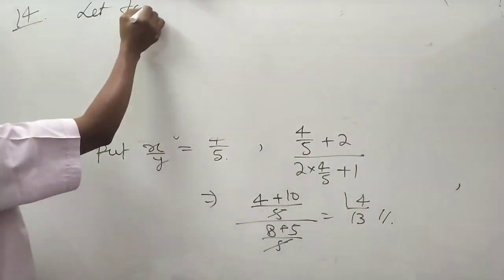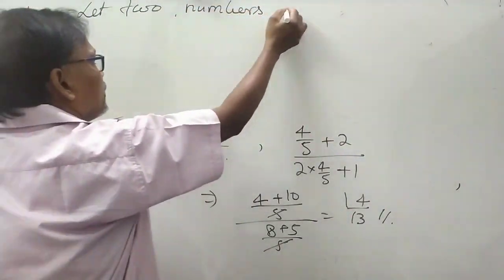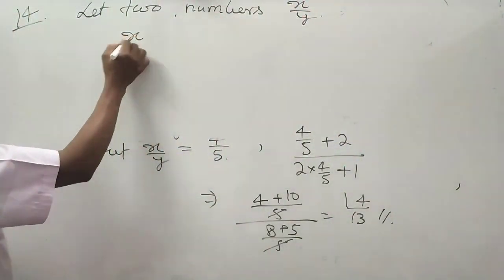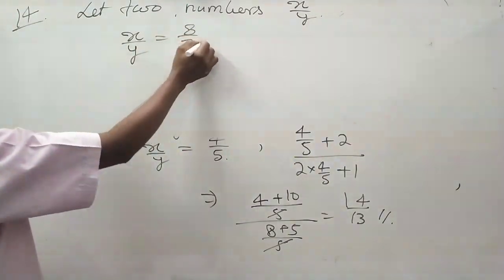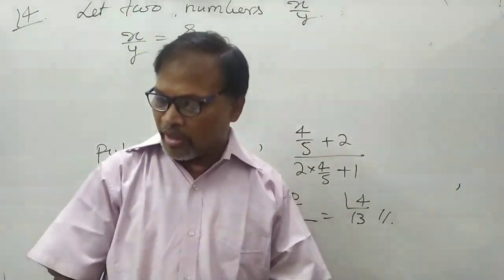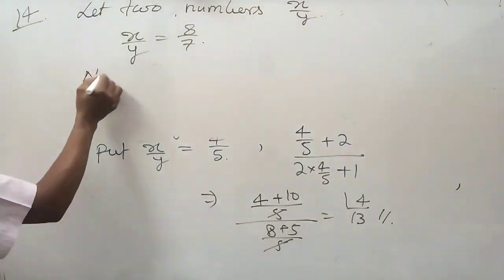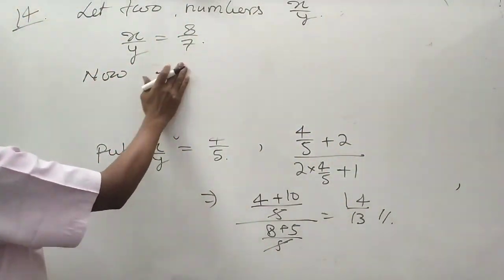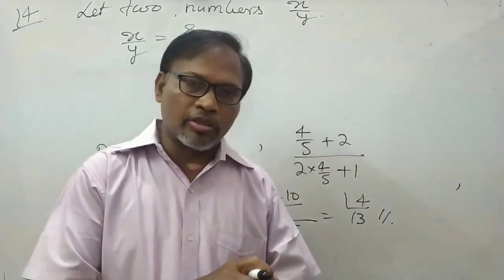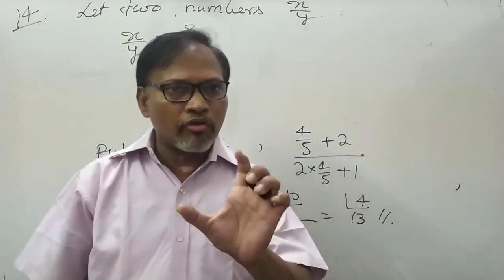Let the two numbers be x upon y, and this is given as 8 upon 7, such that when each is decreased by 12 and 1 by 2, each is decreased by 25 by 2. Now if you decrease x by 25 by 2 and y also by 25 by 2 and put it here, that will be complicated.